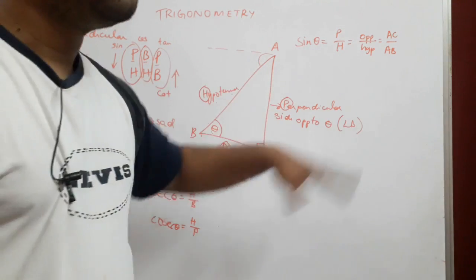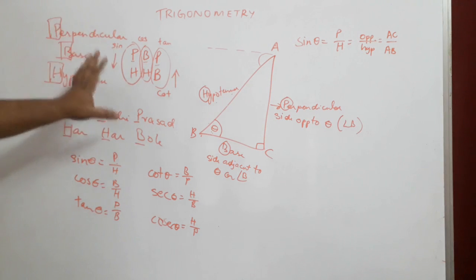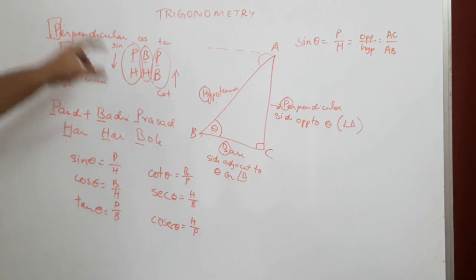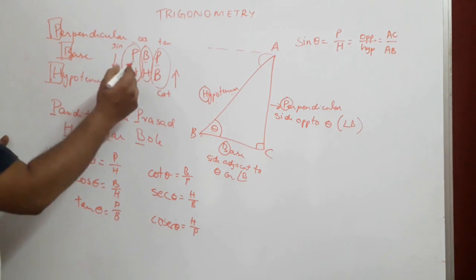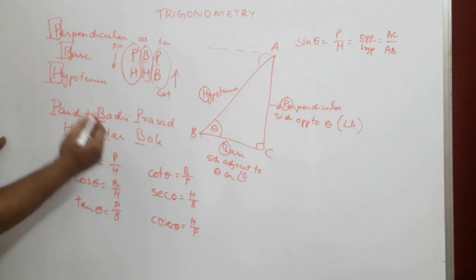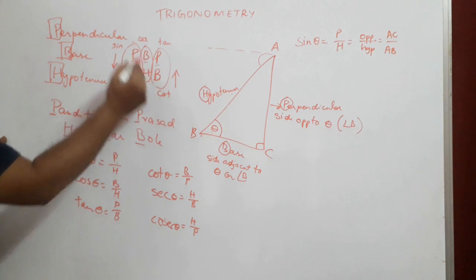But remembering what is opposite, where does hypotenuse come, where does adjacent come, becomes difficult. That is where Pandit Badri Prasad Har Har Bole comes very handy. Try and remember this person and this chant. Pandit Badri Prasad Har Har Bole.